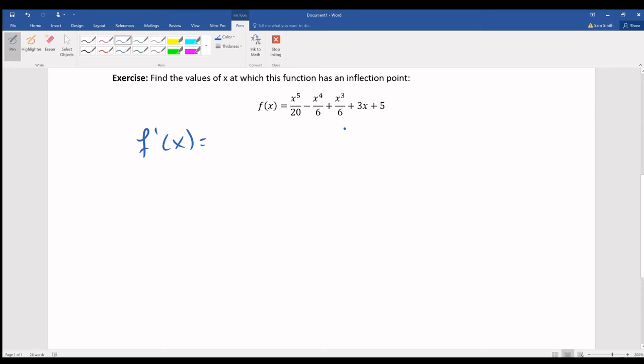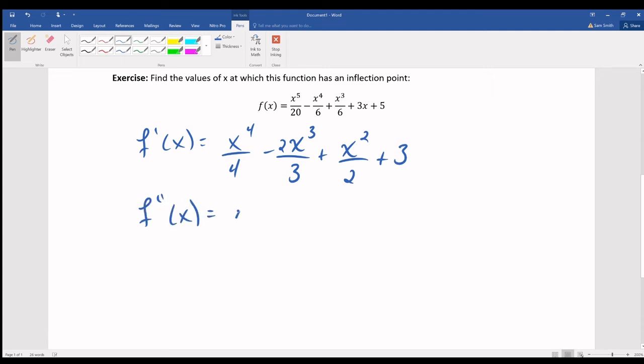Applying the power rule here, we have power rule on x to the 5th. 5 comes down. 4 comes down. 3 comes down. And 5 vanishes. And then passing to the second derivative, we have x cubed, we have 2x squared, we have x. So this can be factored first by pulling out x, and then by factoring further.